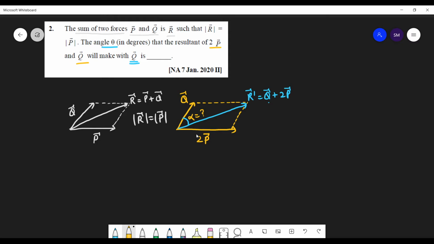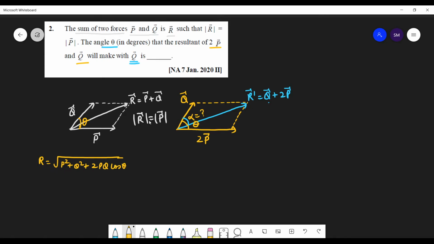Yes. So students, the angle between them is theta. So here also the angle between Q and 2P is theta. Okay. So now you can write your formula. R is equal to under the root P square plus Q square plus 2PQ cos theta.